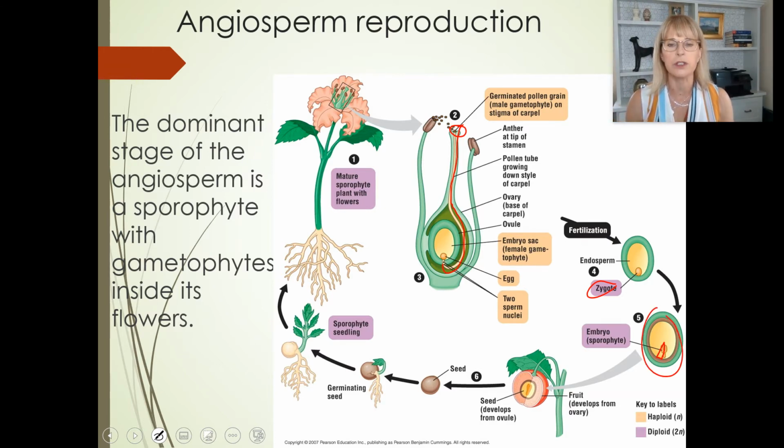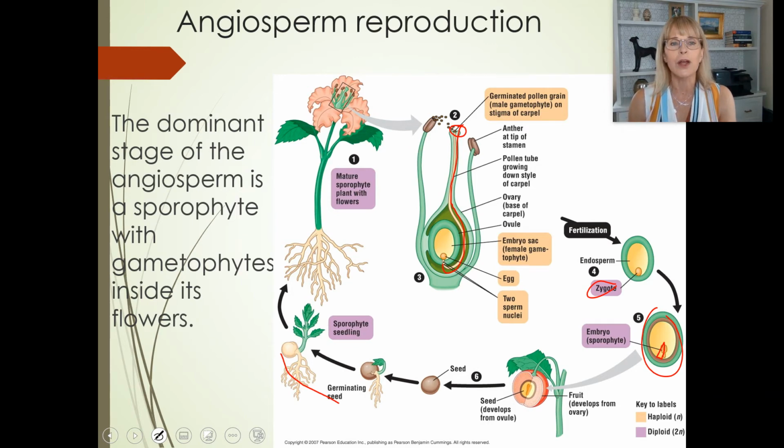Some of them very resistant, like can resist drying out for like decades, and they can be carried long distances by animals. We'll talk about that, and then they will lie in the soil, maybe over the entire winter while it's frozen, and then only wake up in springtime and grow into a little baby plant in springtime.